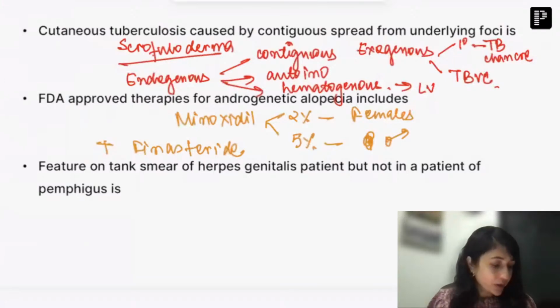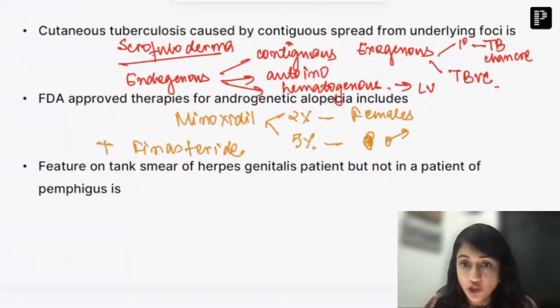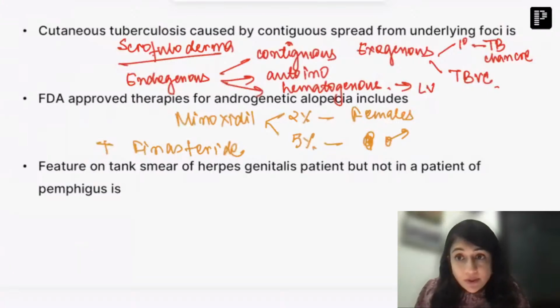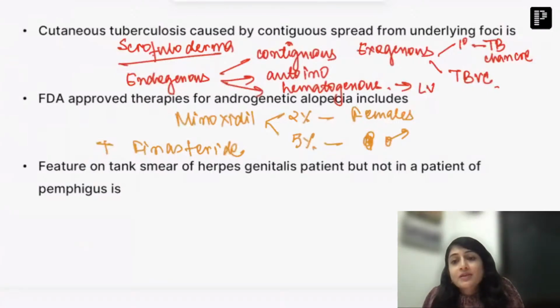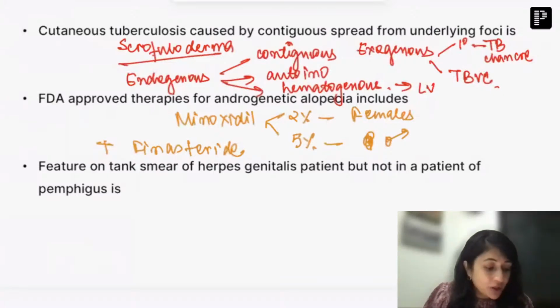Clear? Great. Feature on Tzanck smear of herpes genitalis patient, but not in a patient of pemphigus is, so when you do a Tzanck smear, how do you differentiate herpes genitalis from pemphigus? You do Tzanck smear for both of these patients.